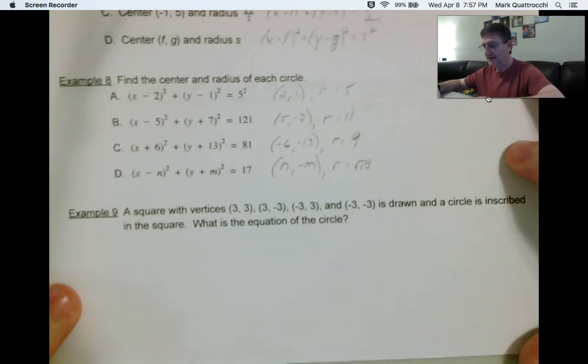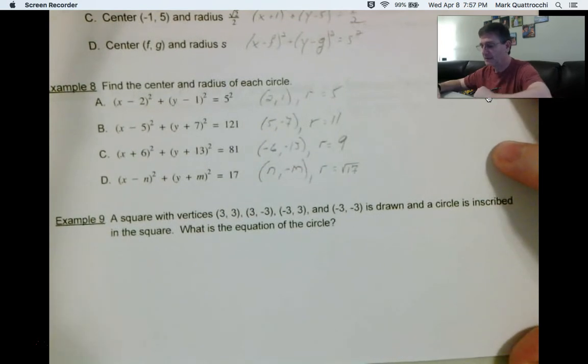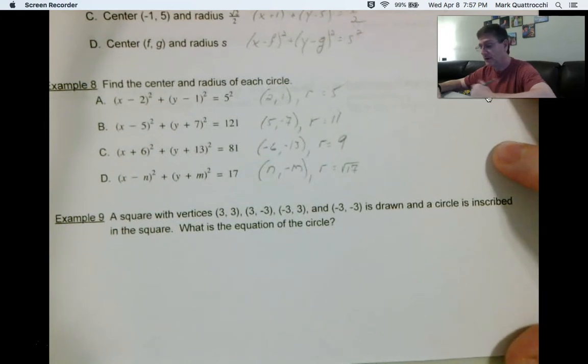All right, example 9. A square with vertices 3, 3, 3, negative 3, negative 3, 3, and negative 3, negative 3 are drawn and a circle is inscribed in the square. What is the equation of the circle? Here's our square.